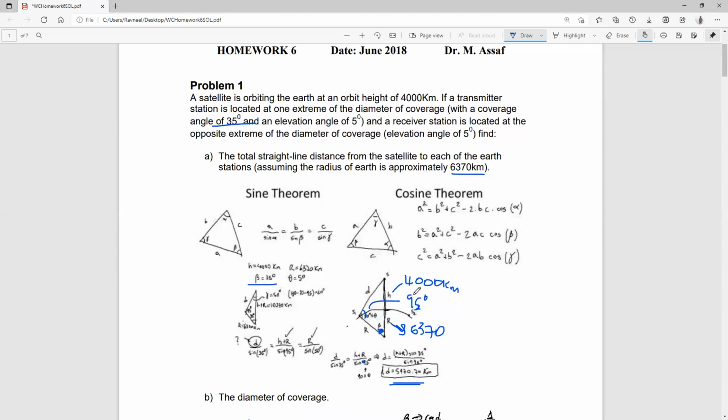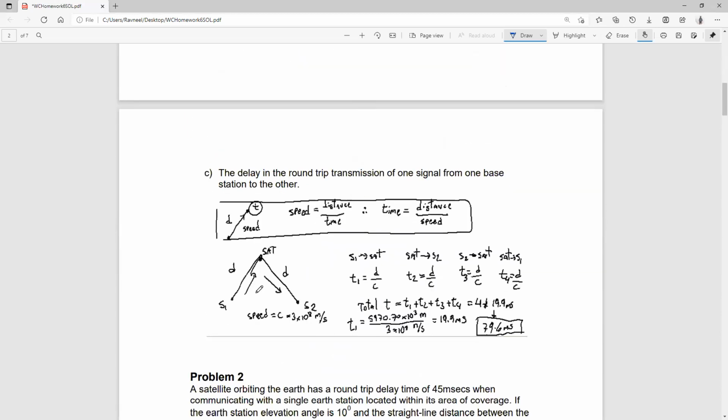So D over here is equal to the D over here as well. So whatever time is needed to travel from here to here is also the time needed to travel from here to here as well. So again, T2 is given by D divided by C. So the distance here is the same as this one, right? So D upon C.